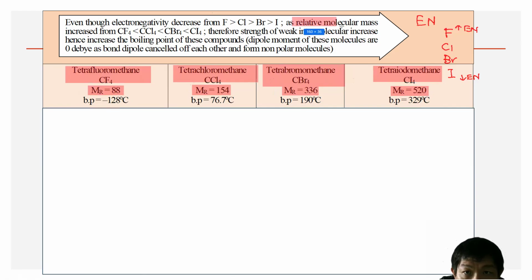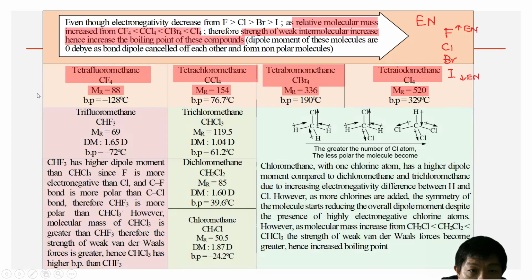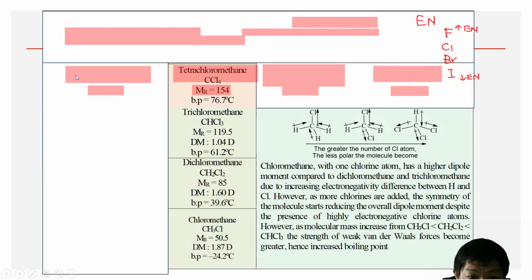So as the relative molecular mass increases, the strength of the weak van der Waals forces also increases, therefore increasing the boiling point of the compound. In this case, even though you have high electronegativity, due to the large molecular size, the induced dipole forces formed between larger molecules are greater, therefore giving stronger intermolecular forces. So this factor will not change with the polarity here.